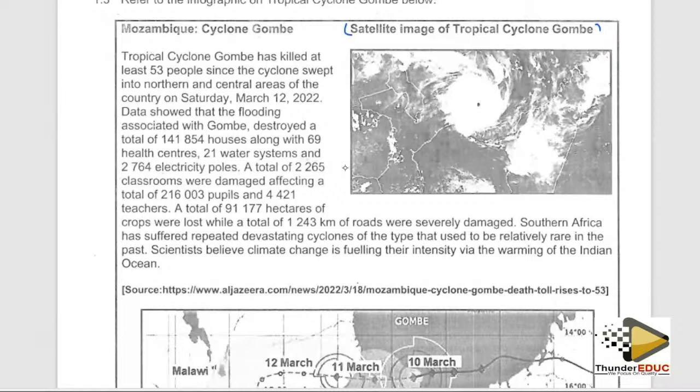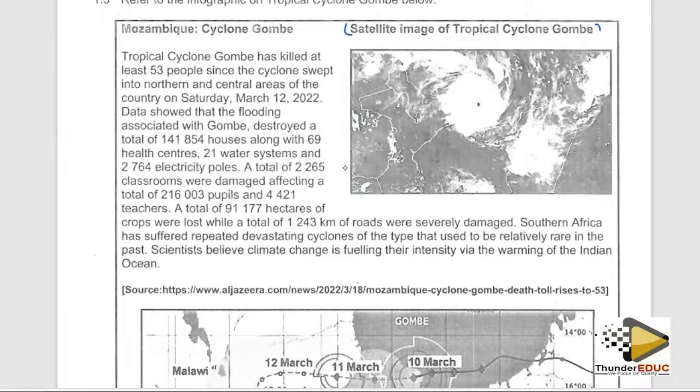Data showed that the flooding associated with Gombe destroyed a total of 141,854 houses, along with 69 health centers, 21 water systems, 2,764 electricity poles.